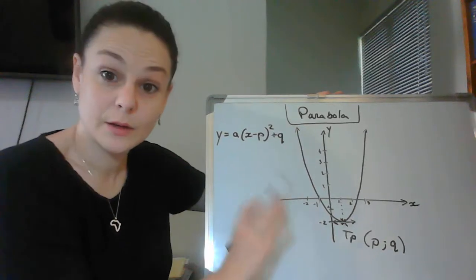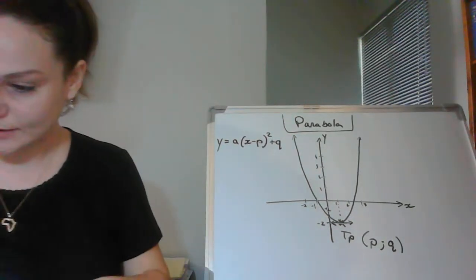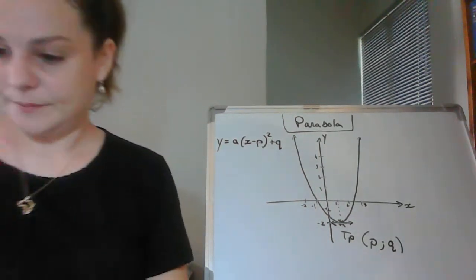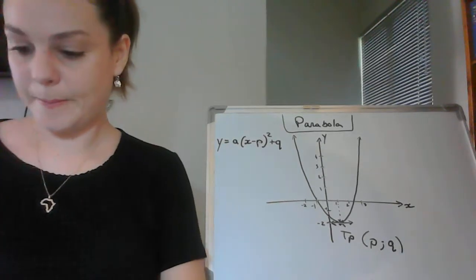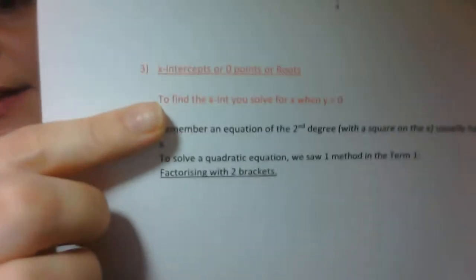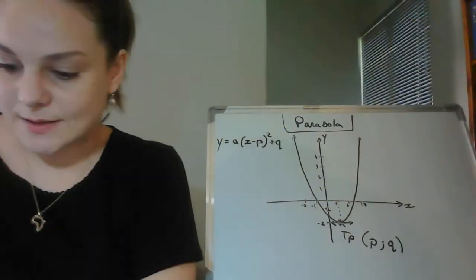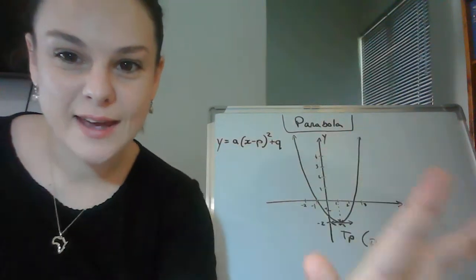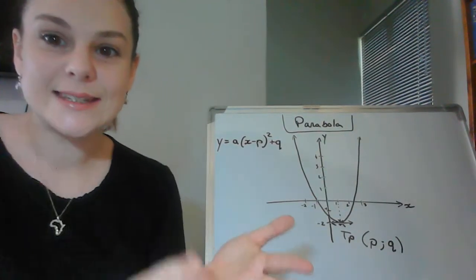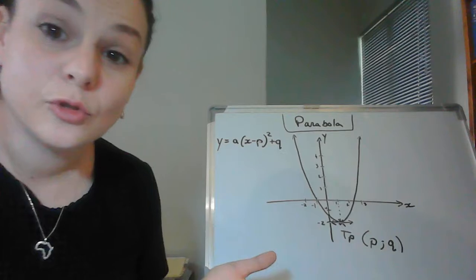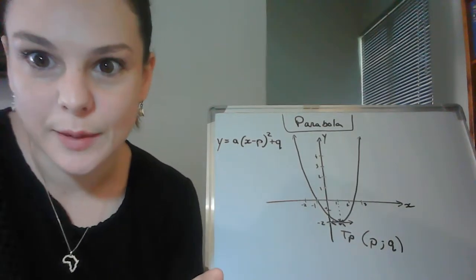Very easy. Then the second thing you have to know is the x-intercept, or the roots, or the 0 points. 3 different names for the same thing. The x-intercepts are the 0 points or the roots of a parabola.